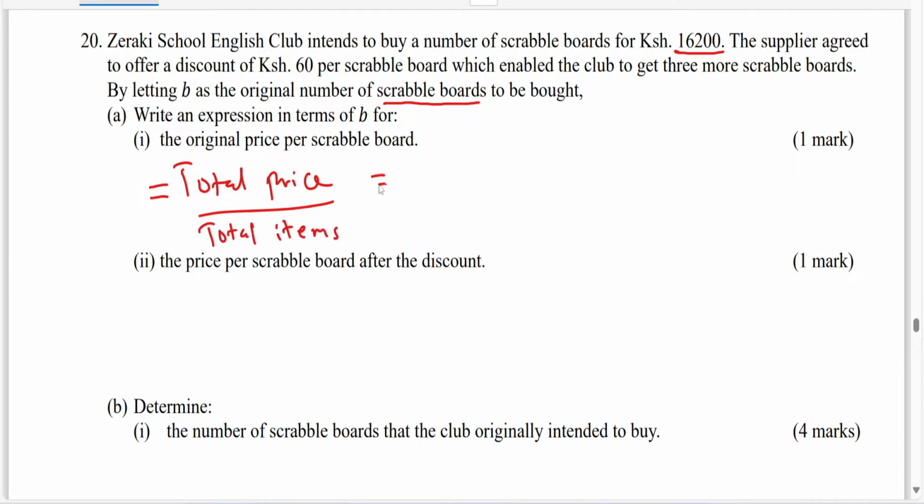So the total price was 16,200 and the Scrabble boards that were intended to be sold was B. So this is your answer. So 16,200 divided by B. So that's your answer. Simple as that. So I don't think maths is quite hard. So ukiona tayari ushapata 1 mark.